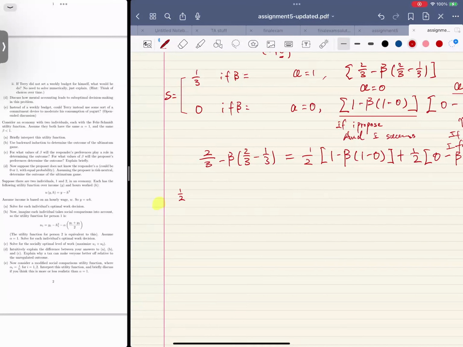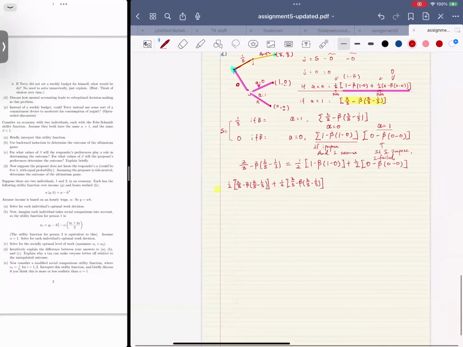So 1/2 probability of A equals whatever of me proposing 2/3 minus beta of 2/3 minus 1/3, and then plus 1/2 of 2/3 minus beta of 2/3 minus 1/3. So that's the yellow.